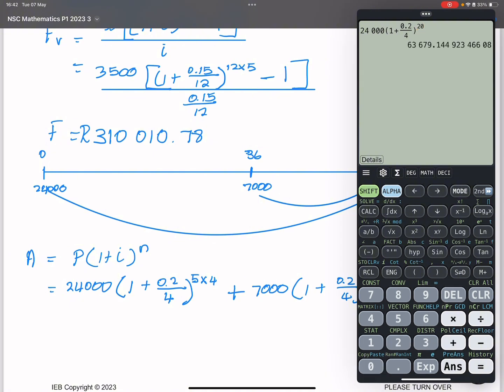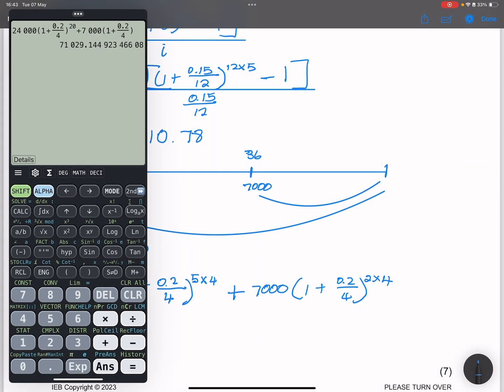Then I'm going to add this to 7,000 into 1 plus 0.2 again over 4, raised to the exponent.